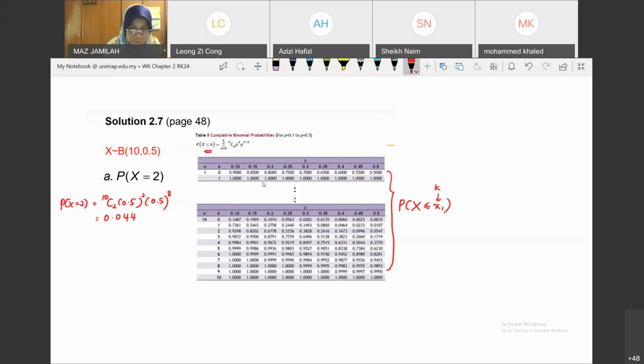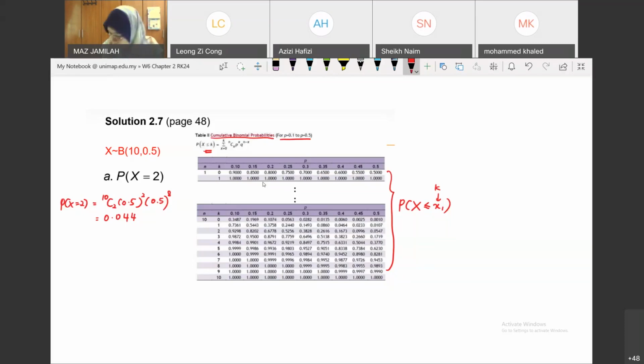Now, what if I use the cumulative probability distribution function? See, cumulative binomial probabilities, with the probability of success P given in your textbook.